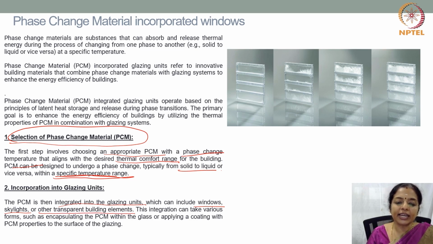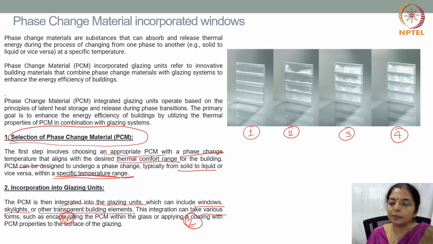This integration can take various forms, such as encapsulating the PCM within the glass or applying a coating with PCM properties on the surface of glass. Here I have shown the picture of a PCM integrated window with various levels of transparencies based on how much exposure it has had to heat.